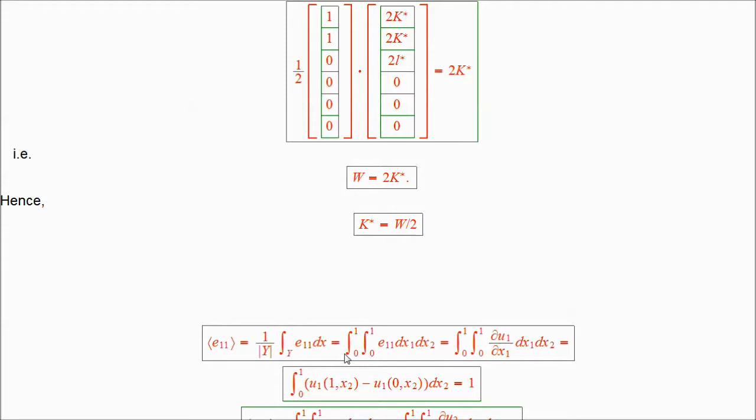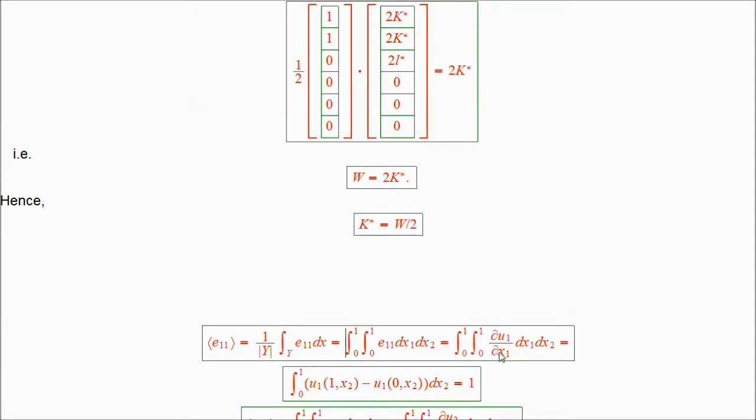Since it's only a square, we have this integral from 0 to 1 in the x1 direction and 0 to 1 in the x2 direction. And we know from the definition of the strain E11 that it's just the partial derivative of the displacement in the first direction with respect to the variable x1.